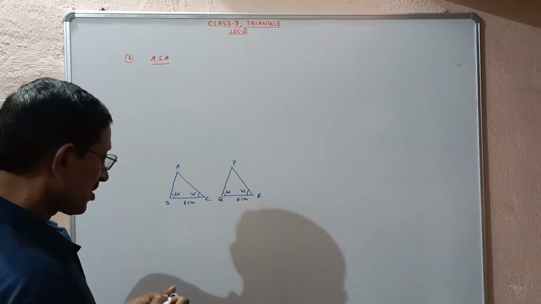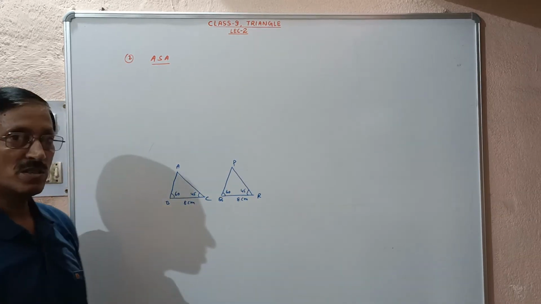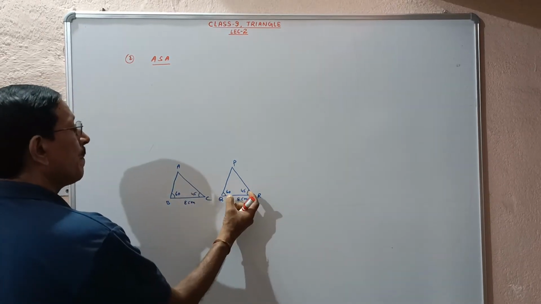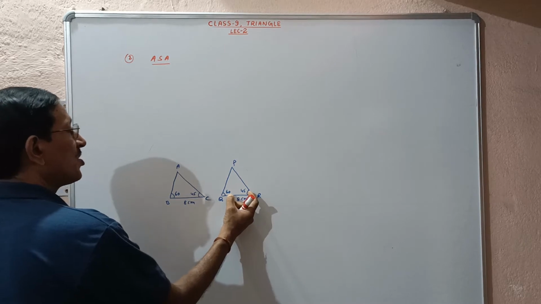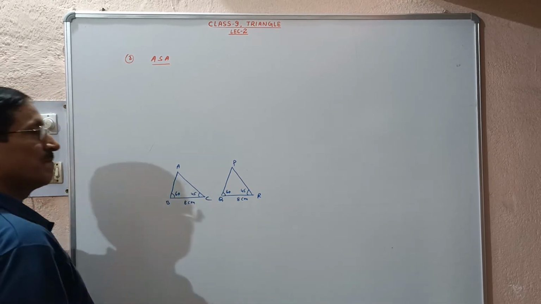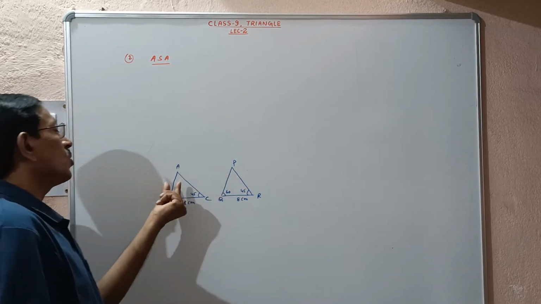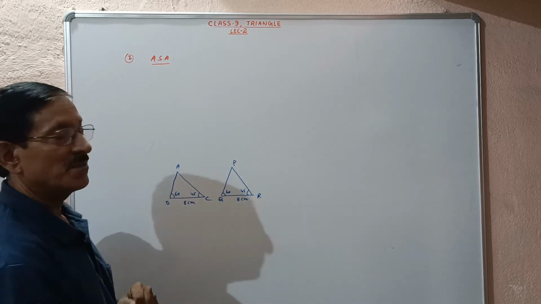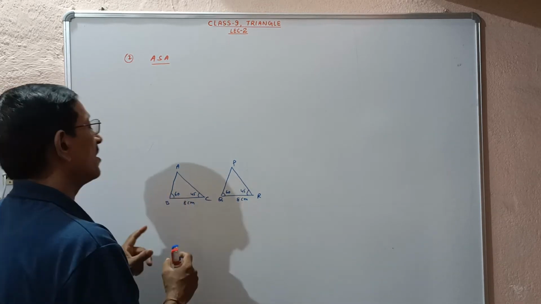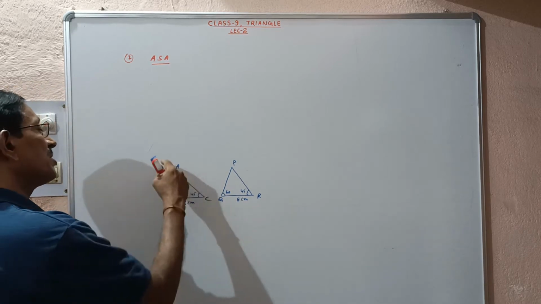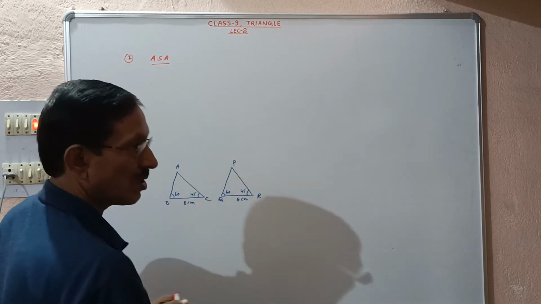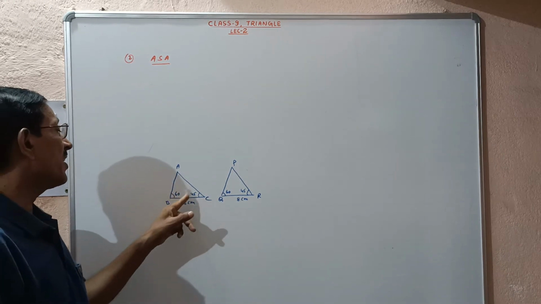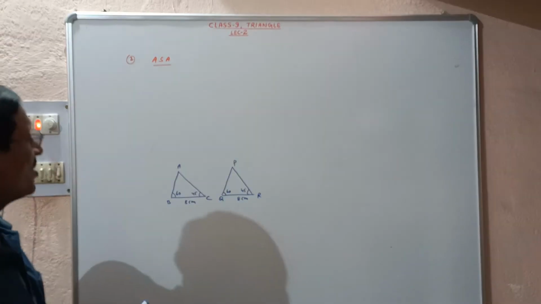If we construct such two triangles, then we see that if we place this triangle over this, they cover completely, they cover exactly. That means triangle ABC is congruent to triangle PQR. So the second rule, angle side angle, is a congruency condition.